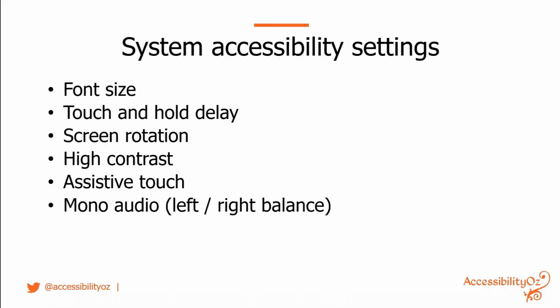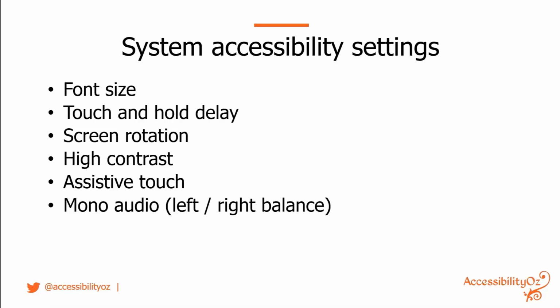There are others, things like font size, touch and hold delay, screen rotation, high contrast, assisted touch, etc. And WCAG 2.1 doesn't really look at these at all. And so this was one of the reasons why at the end of 2018, the committee decided that it would continue to develop the guidelines, and we went into a lot more detail and we released the accessibility methodology at the end of 2019. We felt that they were required because WCAG 2.1 didn't go far enough.